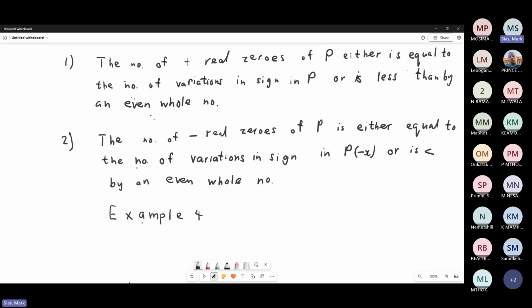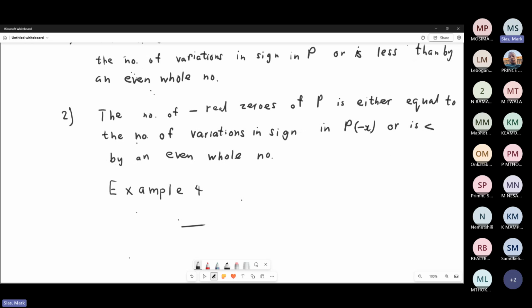Okay, guys, so let's consider this and see if we can apply Descartes' rule to this case here. Oh, sorry, guys. So now it's shifted, and I was drawing the line far below that. Okay, so we have to use Descartes' rule of signs to determine the possible number of positive and negative real zeros of the polynomial.